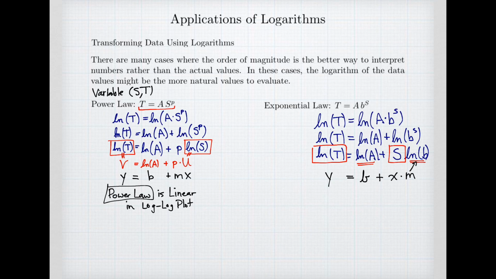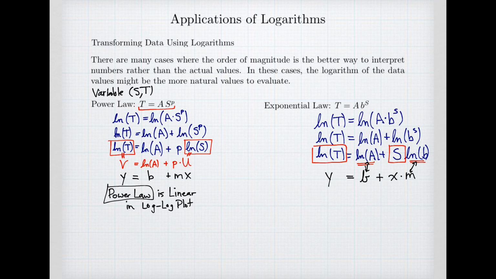So here's my slope, the natural log of my base, and the y-intercept is the natural log of the constant multiple. And we get a new relationship. Notice, only the independent variable has a logarithmic scale.